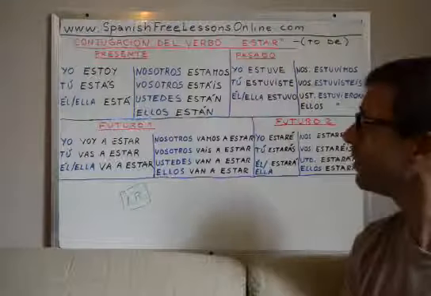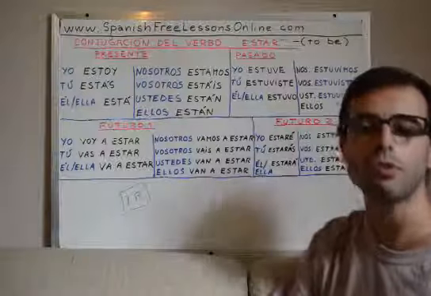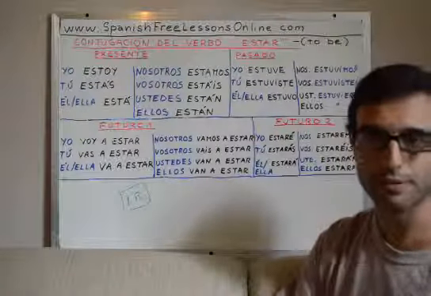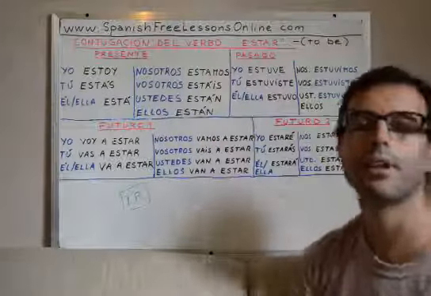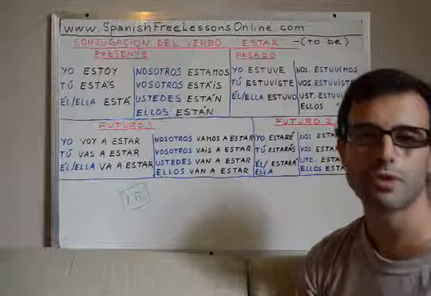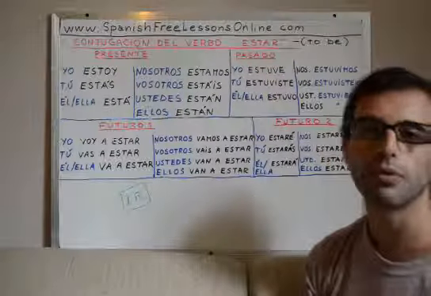Okay? So here we have the most frequent, the most used verbal tenses in Spanish for the verb estar, okay? Spanish has many more conjugations, right? But these are the most basic ones.